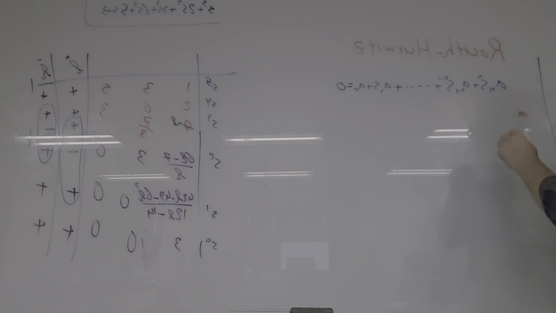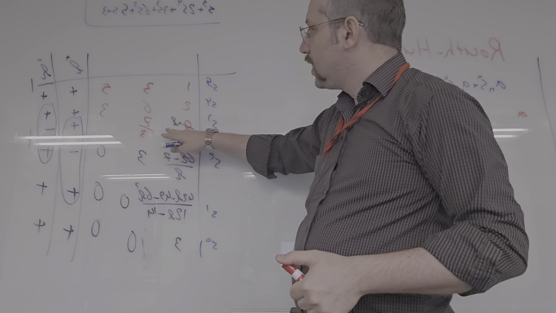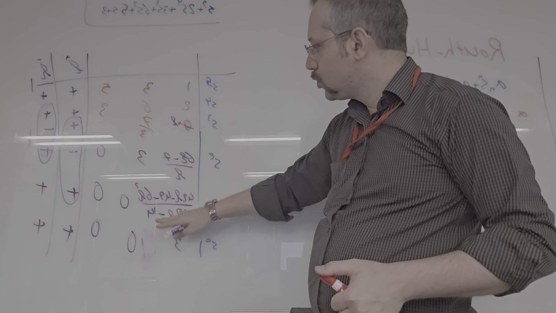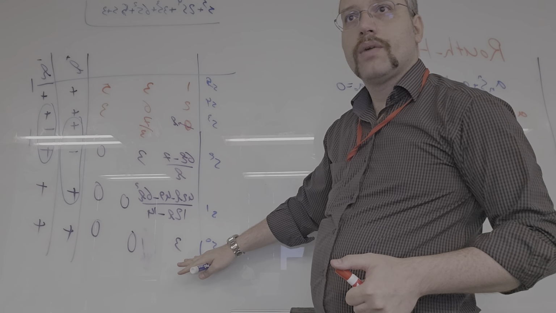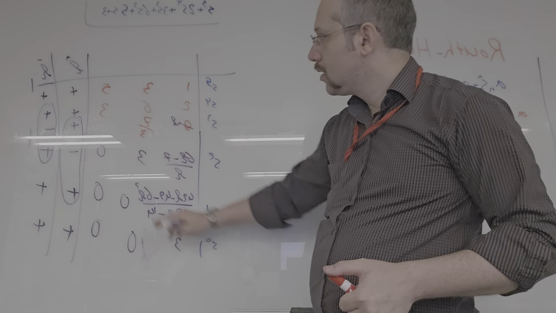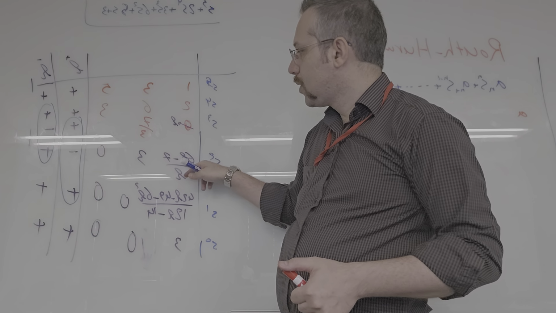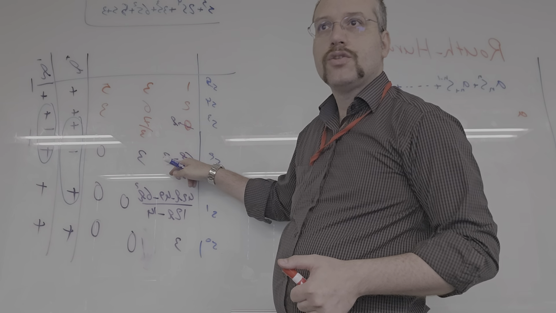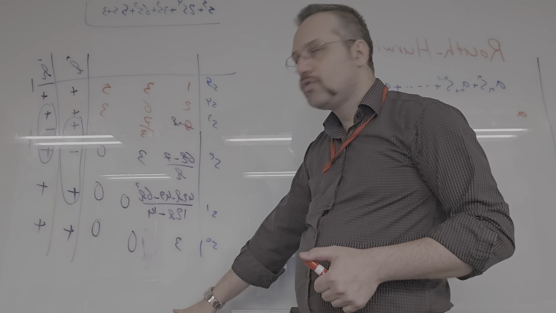Please explain this part again. Which one? The blue circle. This one? Okay. We consider the epsilon as a tiny positive, and we see what would be the sign of all the first column values. Okay? And these are the signs. See, this is a tiny positive number. This is a positive number with a big negative number, so it's going to be negative. And with the same analogy, we move forward.